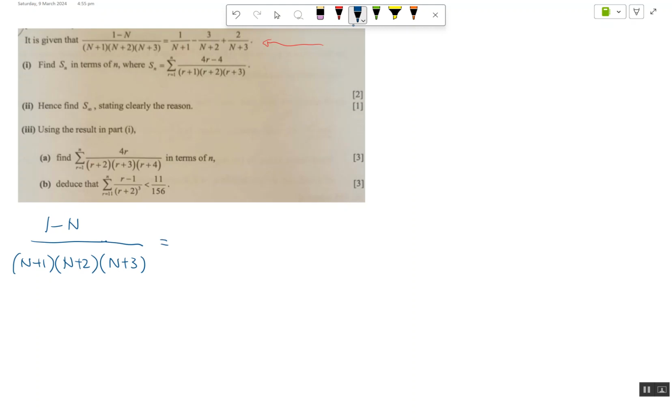Suppose that it's going to be a over n plus 1 plus b over n plus 2 plus c over n plus 3. We are going to use this thing called the cover-up rule. Looking at the first bracket, I let n be equal to -1. When I let n be equal to -1, I cannot use this.